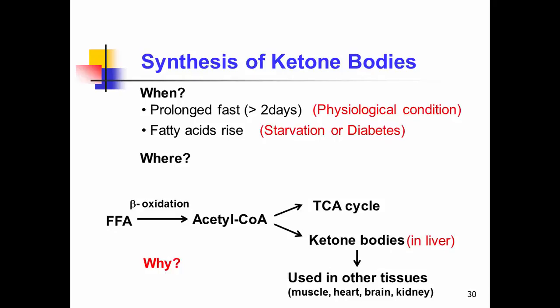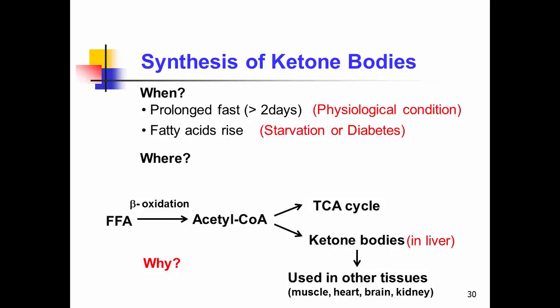So the circulating fatty acid level is also very high in diabetic conditions. This will also drive ketogenesis, right? So remember, diabetic patients always have a very special smell, right? It's because of the high levels of ketone bodies in the circulation.